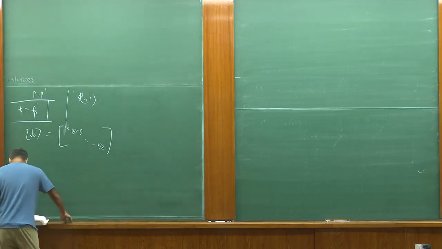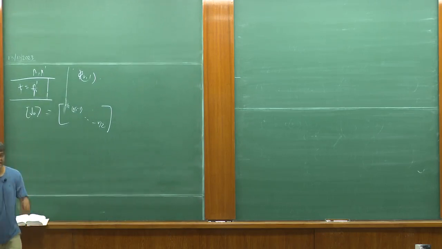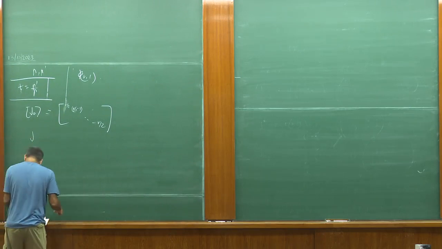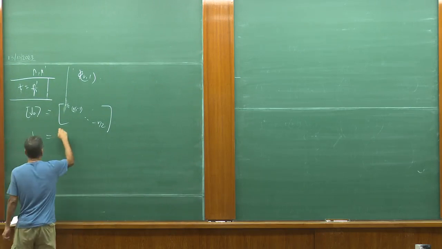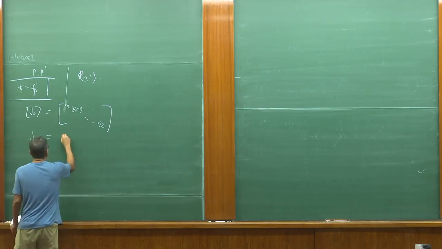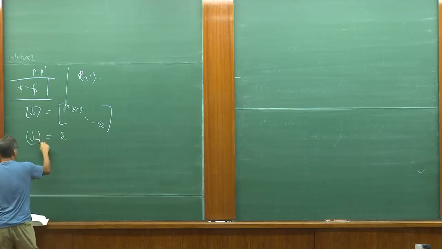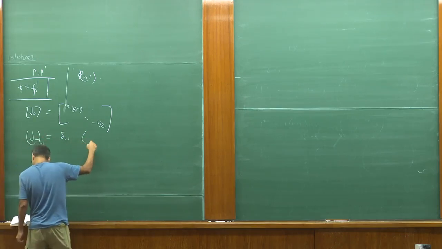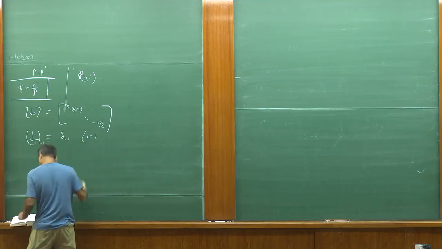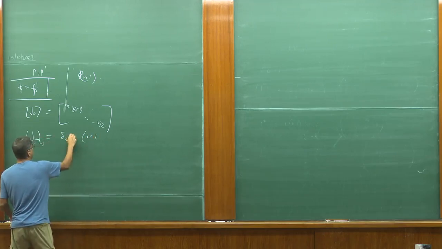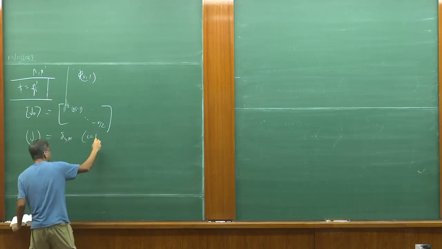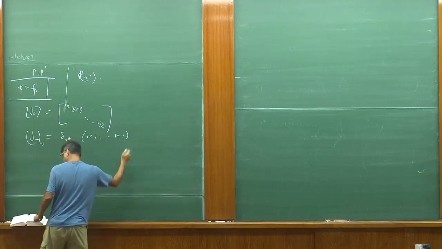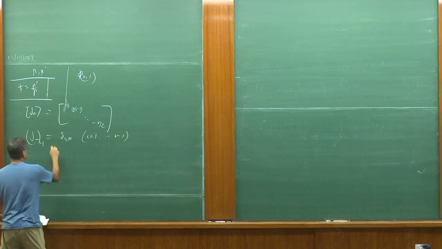Then we also defined these slightly unusually normalized J plus and J minus. We had this operator J minus, which we defined as J minus Ij to be delta Ij for I equal to Ij plus 1, for I equal to 1 up to R minus 1, and 0 otherwise.